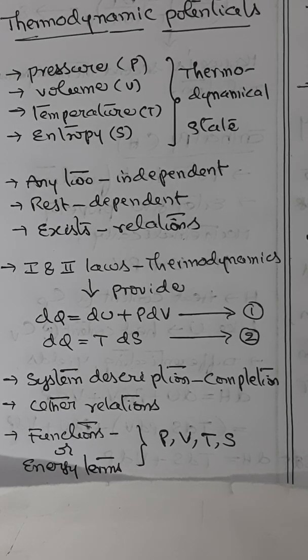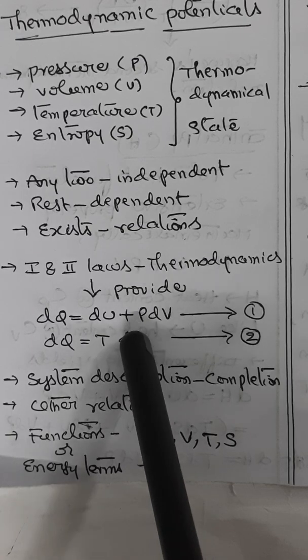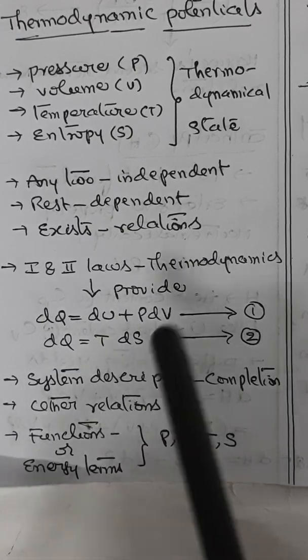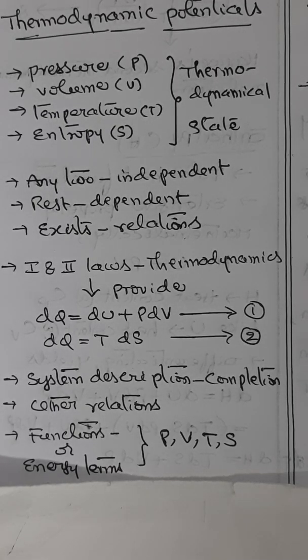If you look at the first and second law of thermodynamics, they provide two relations as given here: dq equal to du plus pdv, and similarly dq equal to tds. For the complete description of the system, certain other relations are also required. So for this purpose, we use certain terms or some functions of the variables like pressure, volume, temperature and entropy, which are known as thermodynamic potentials.